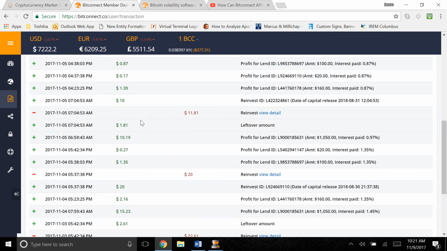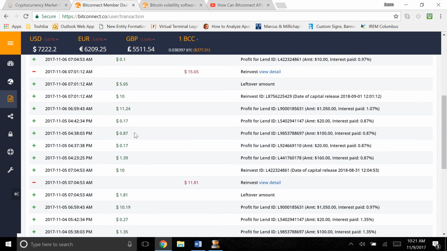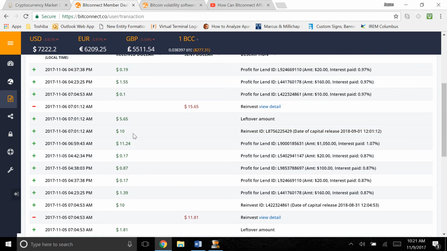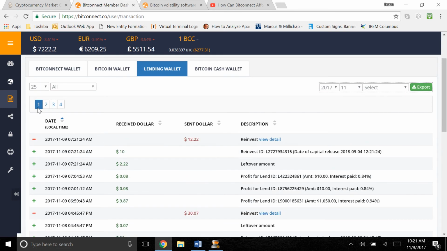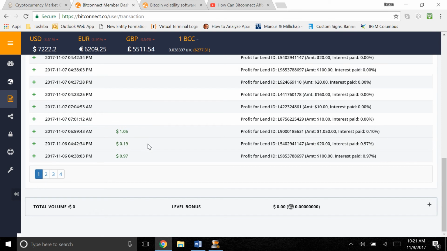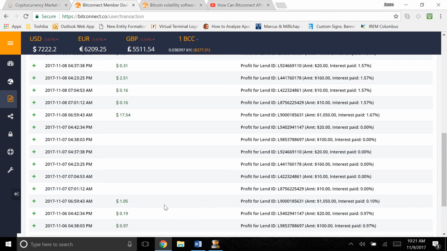I reinvested $10. And here's my dailies, interest being paid, reinvest. And it's really starting to pick up speed. And here's the day that I got zero. Because these are my reinvestment loans, $10, 0%, $10, 0%, 0, 0, 0.